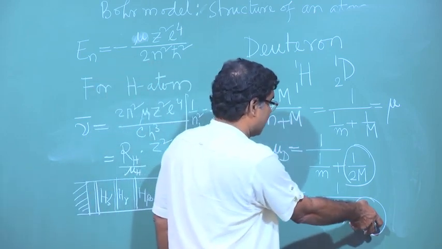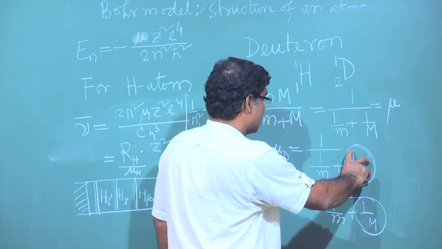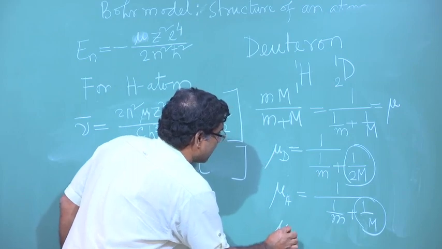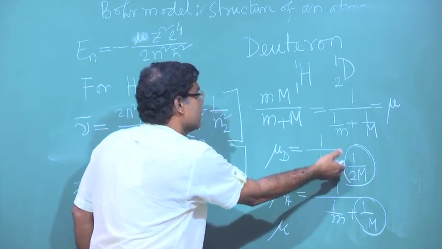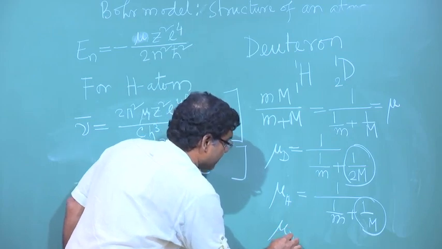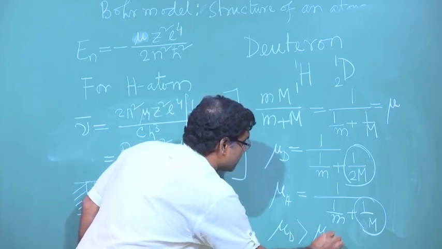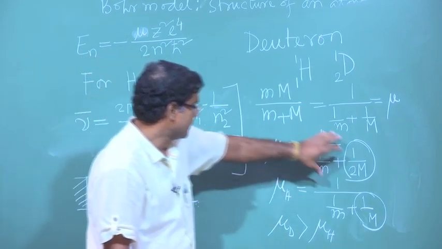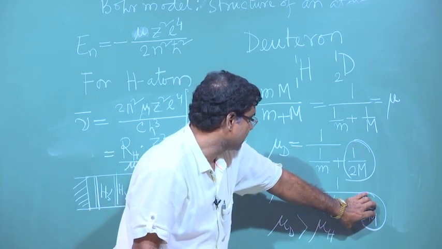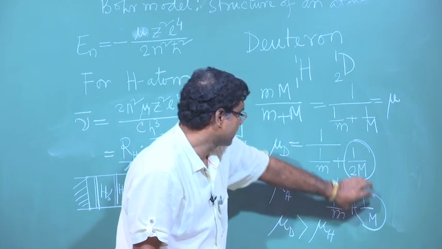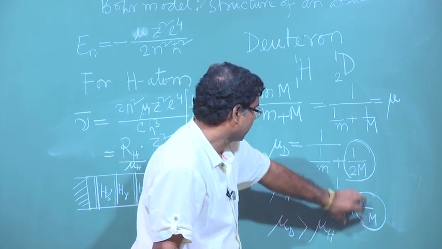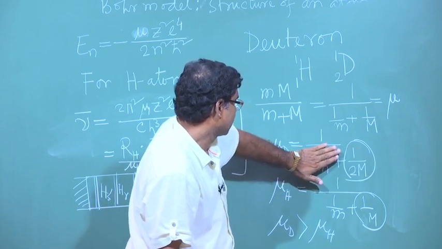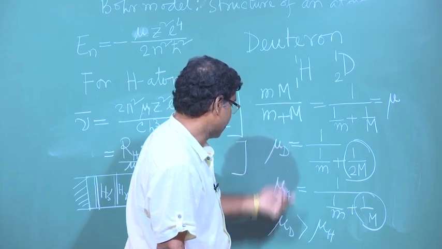So whatever this value, this is half, this is smaller, so mu d will be higher than mu h, right, because in the denominator this is a lower value. So mu d will be higher than mu h.